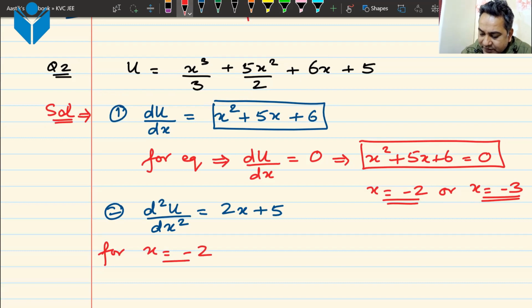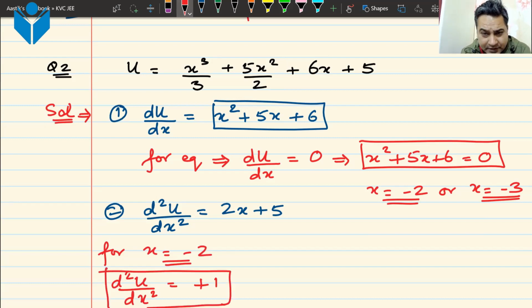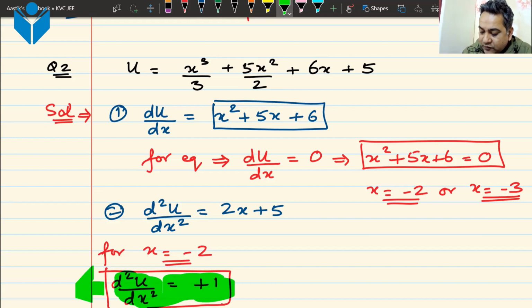Is it coming positive or negative? d2u by dx squared is coming as plus 1. Yes, sir, plus 1. It is positive. If it is positive, that means this is stable. Minima. In maths, it is known as minimum value. Minimum value of potential energy is the condition of stable equilibrium.